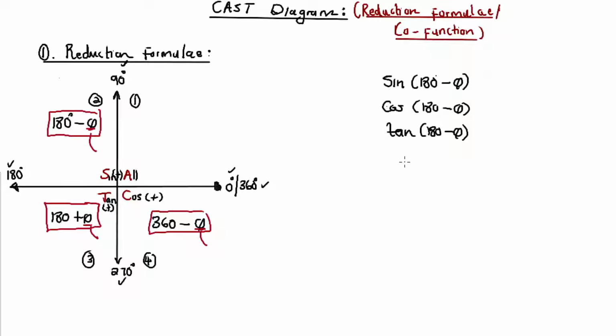Let's also work in the third quadrant. So we also have sine 180 plus theta, cos 180 degrees plus theta, and tan 180 plus theta.